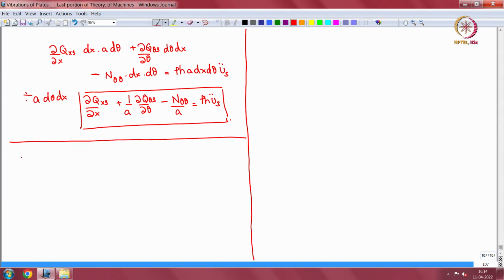Okay. So we get the first equation, let us say it starts to look like K. So I will represent K represents E h by 1 minus mu square, it is the membrane stiffness. Okay. And D is E h cube by 12 1 minus mu square, which we will call the bending stiffness.